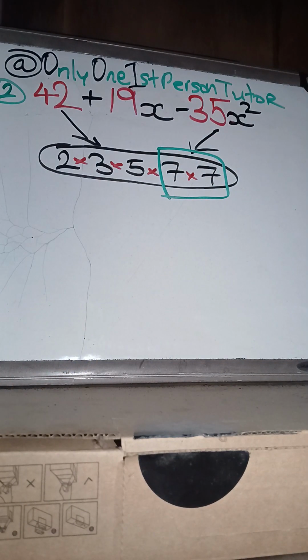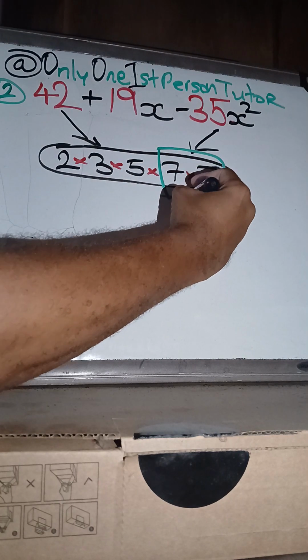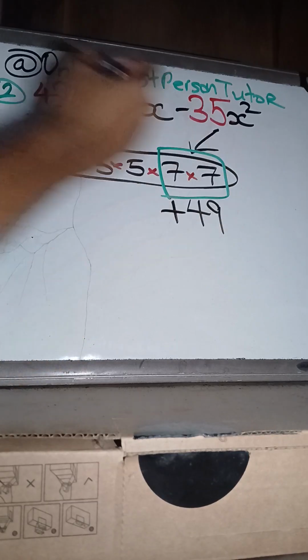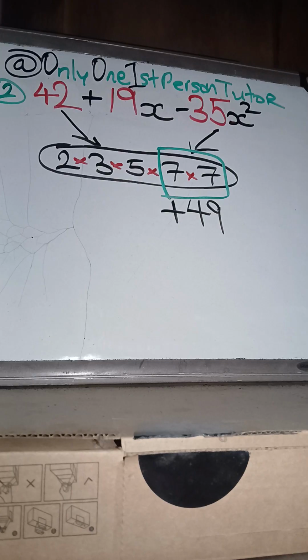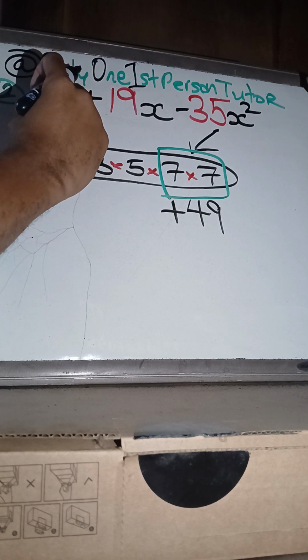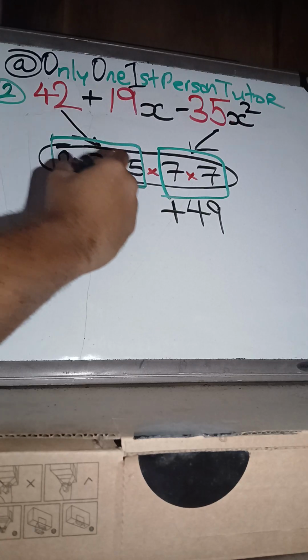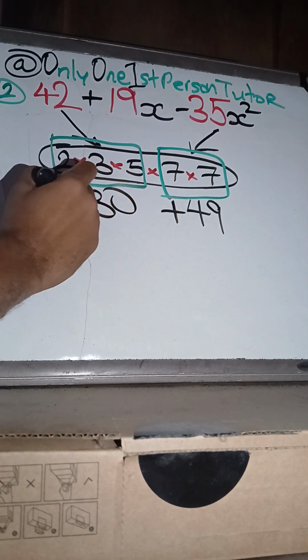And that looks like 49. So this needs to be the bigger number. Right? And then what we get over here: 2 times 3 times 5. 5 times 2 is 10, times 3. That looks like 30.